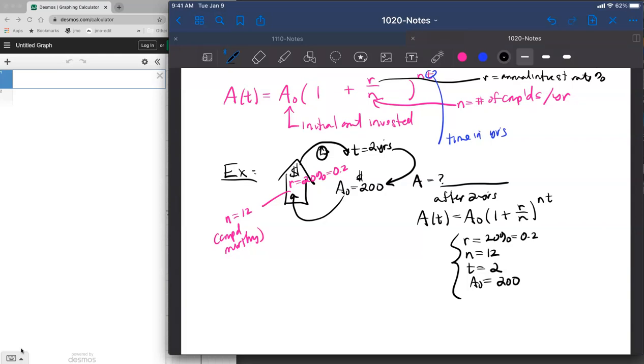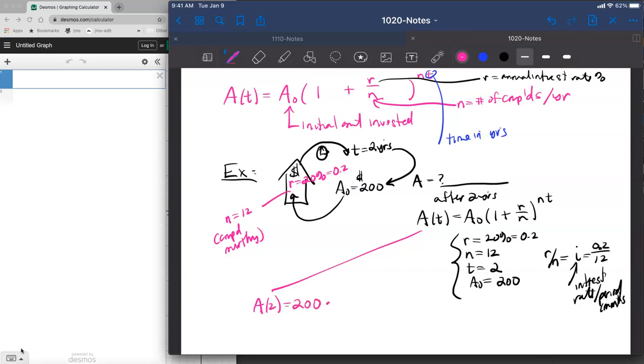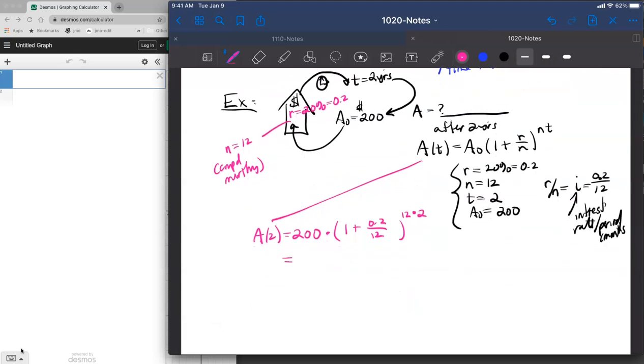This r over n value has a name. This is the variable i, so that would be 0.2 divided by 12, the interest rate per period. In this case, the period is months, so this is the interest rate per month. So to know how much we have at the end of 2 years, we need to compute 200 multiplied by 1 plus 0.2 over 12, to the 12 times 2 years. So we need to compute this quantity.